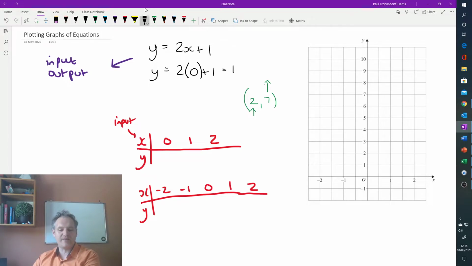So we write that as 0 input, 1 output. Which means we can then, let me rub out the 2, 7, 1 now, because it's getting in the way.